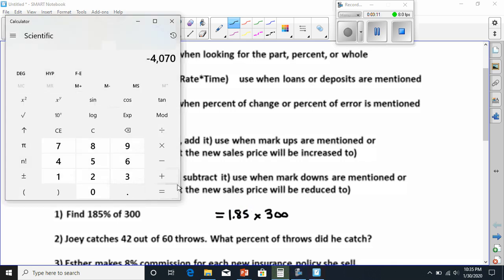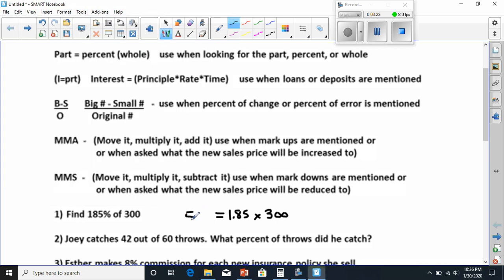Well, if we get our calculator out here, we take 300, multiply it by 1.85, that's going to give us 555. So the answer is 555.